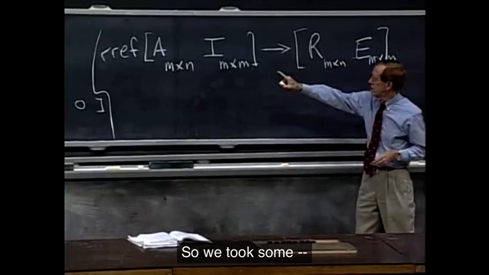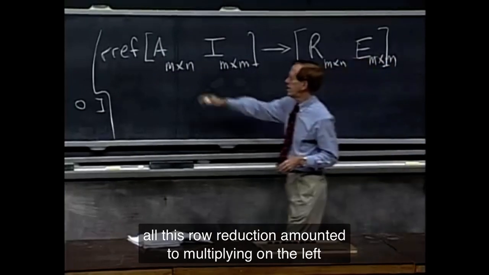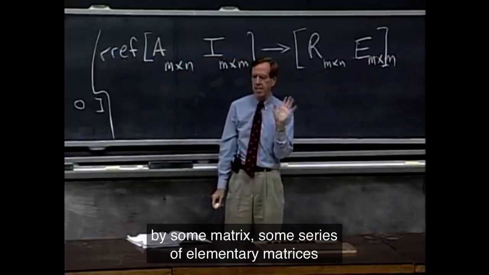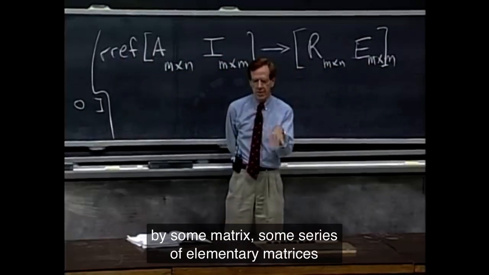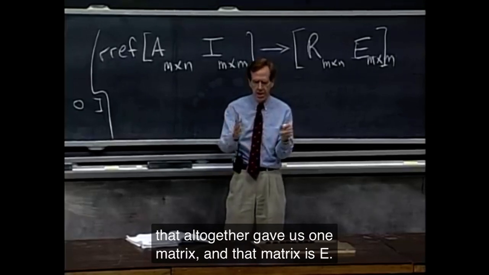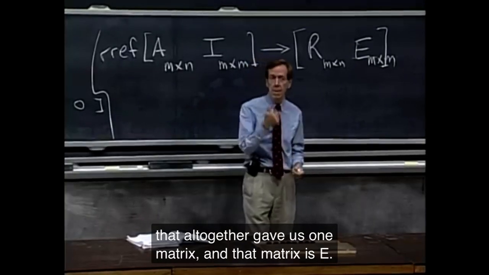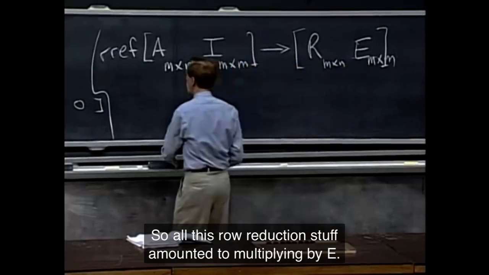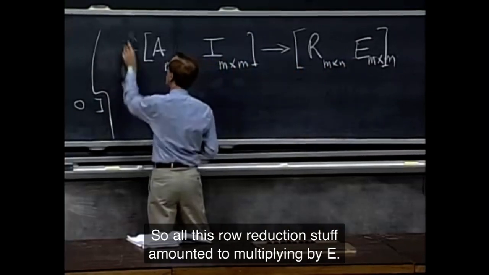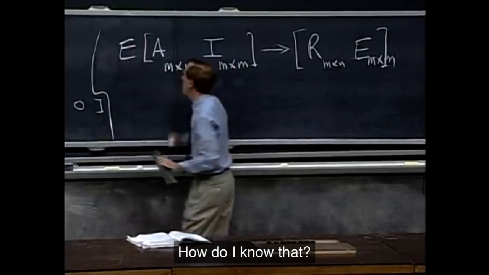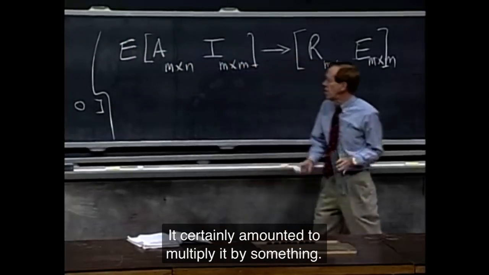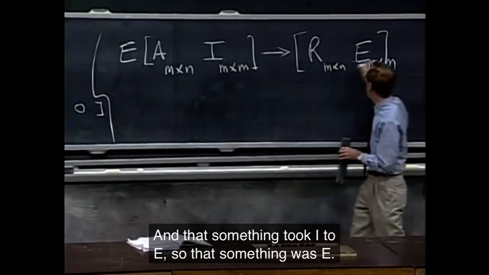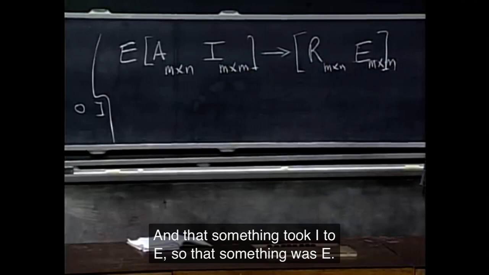So all this row reduction amounted to multiplying on the left by some series of elementary matrices that all together gave us one matrix, and that matrix is E. So all this row reduction stuff amounted to multiplying by E. How do I know that? It certainly amounted to multiplying by something, and that something took I to E, so that something was E.